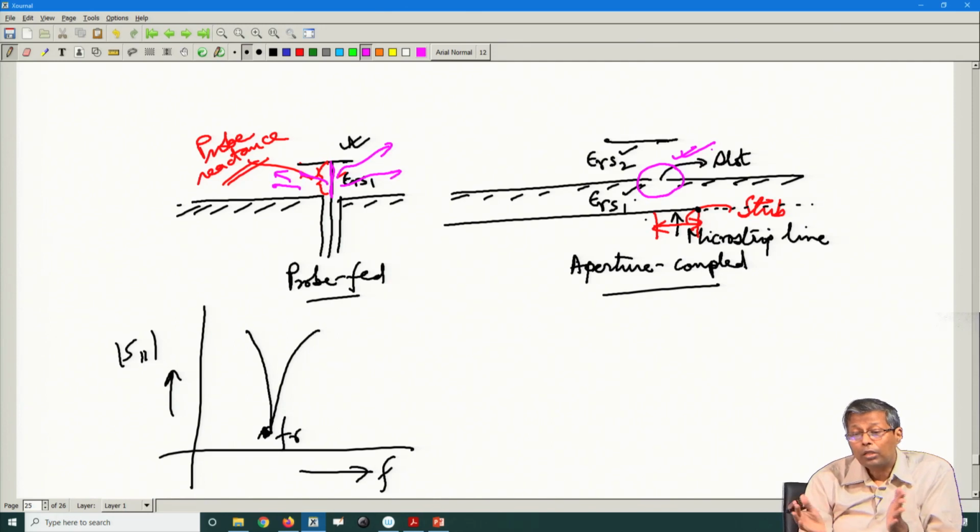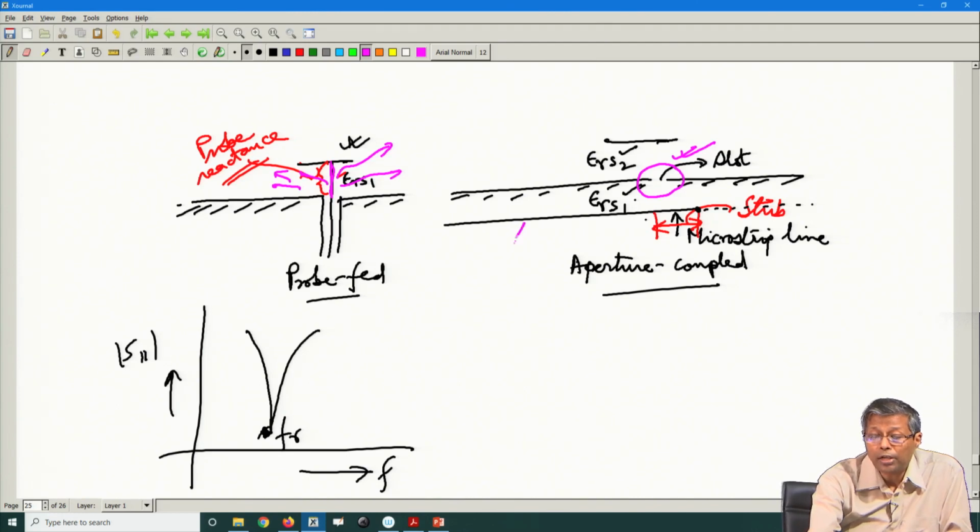So, this is how the resonance phenomenon plays an important role in the practical design of the circuits. In addition, you will see that the feed radiation, this is the feed, and the feed radiation is shielded by the presence of this ground plane.